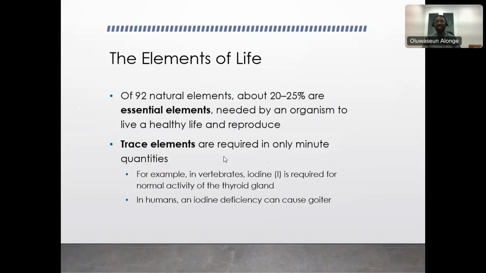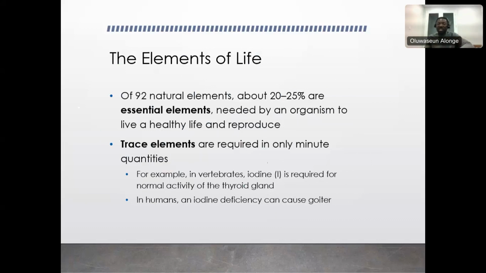We'll talk about that. Among all the known elements, about 20 to 25% are very essential, in that they are needed by an organism to live a healthy life and reproduce.